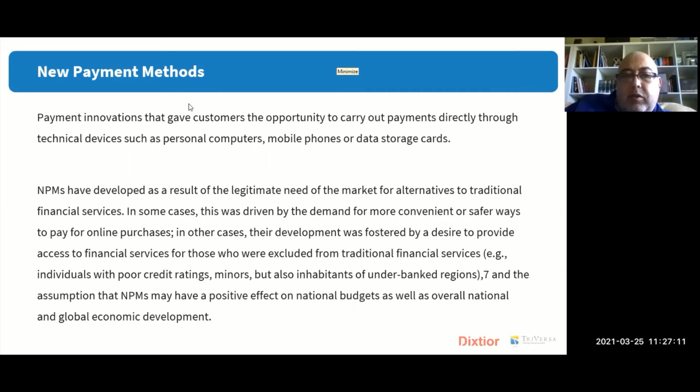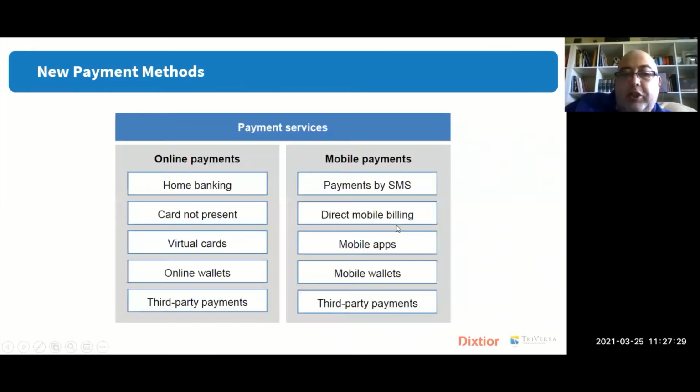Another thing intended with these new payment methods is trying to decrease the number of cash-based transactions. By putting in more ways for you to perform your daily transactions, it's easier to move away from pure cash.